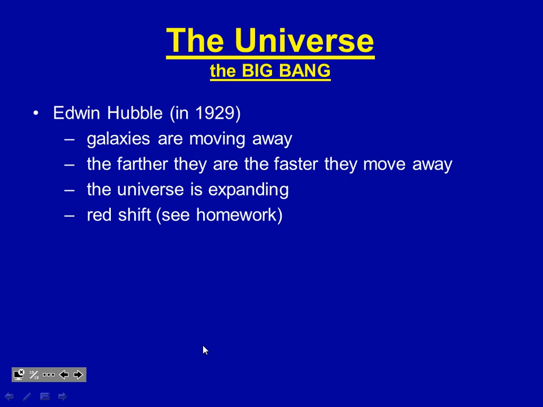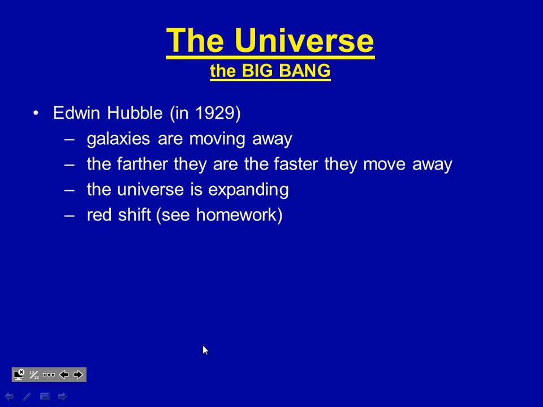And the further away we look, Hubble did, the further away he looked at farther galaxies, the more red it became, which means the further ones are moving away from us faster. The universe is growing, all right?